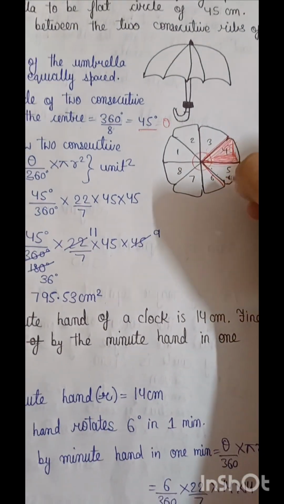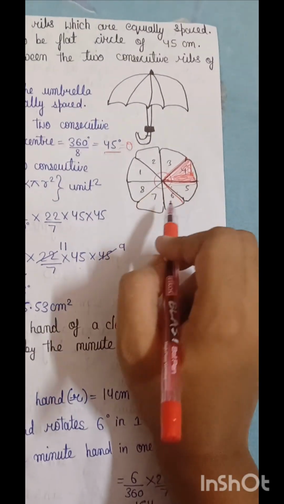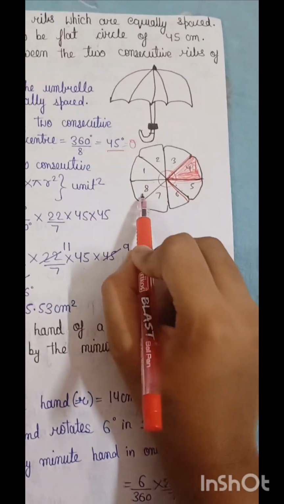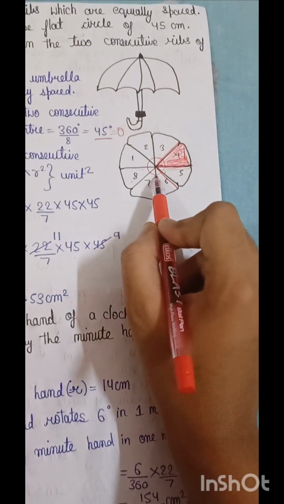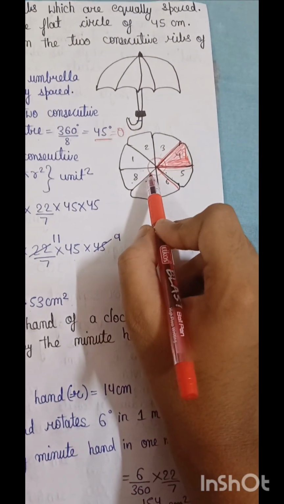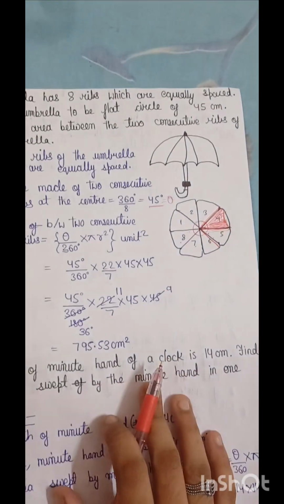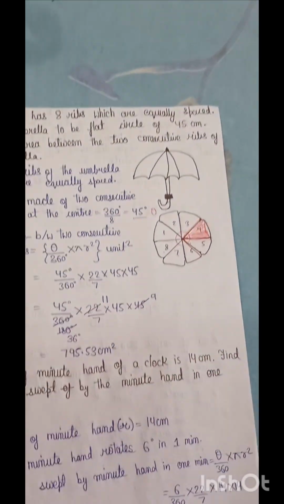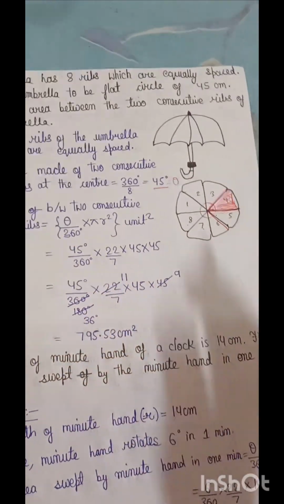So the question says there are 8 ribs and they are equally spaced, meaning the area of this is equal to the area of this. And the angle created here is equal to the angle created here, and all such angles are equal.